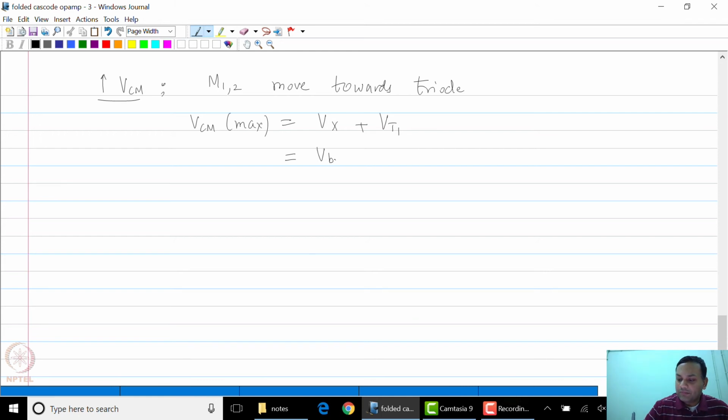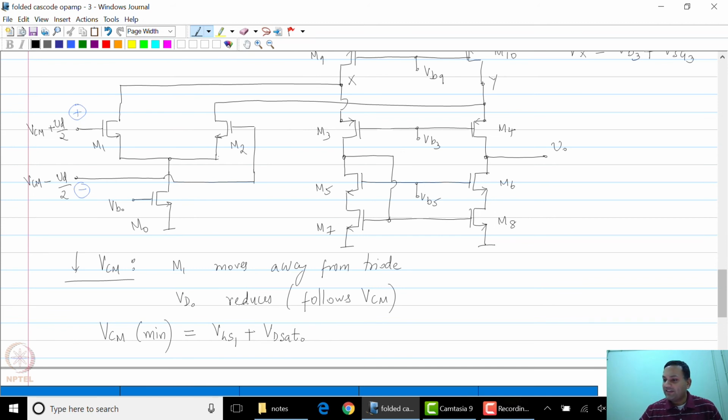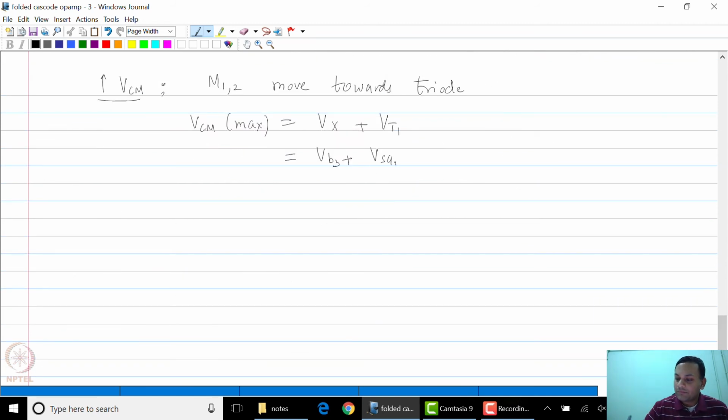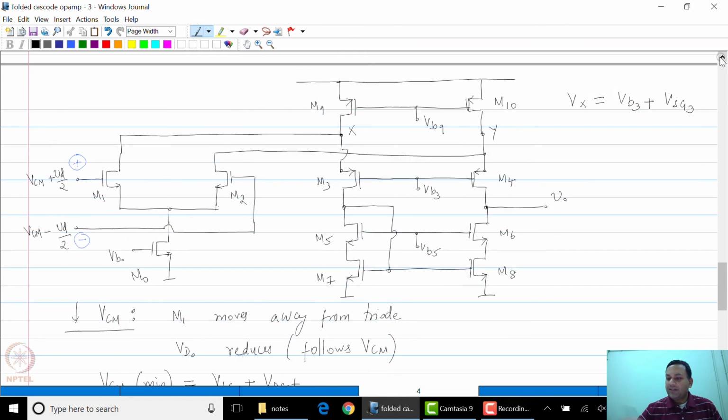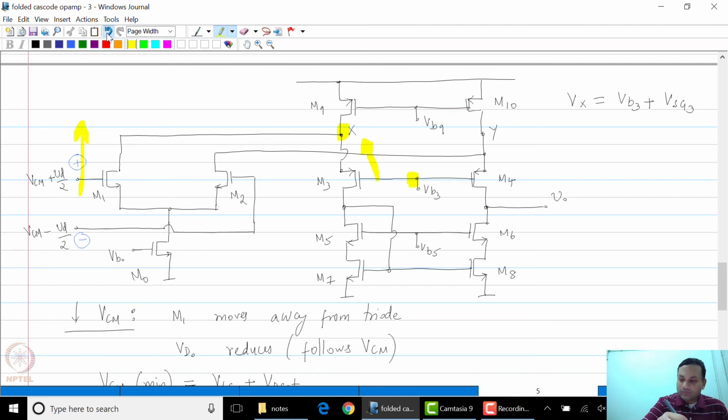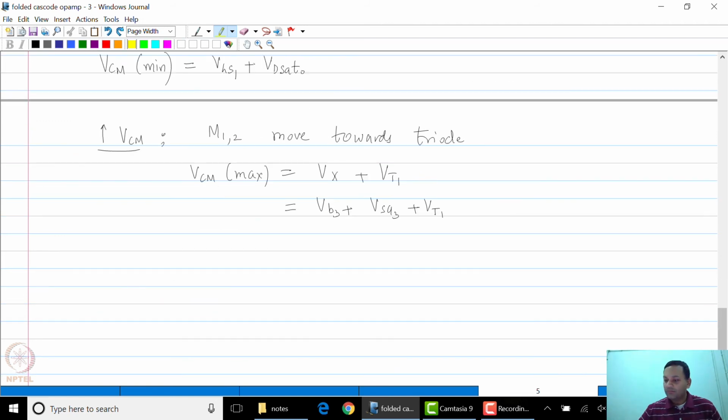Vx is clearly Vb3 plus Vsg3, plus Vt1. So, as a reminder, node X is at Vb3 plus Vsg3, and the gate voltage can rise one threshold voltage above that before M1 or M2 hits the edge of the triode region. So this is the maximum value of VCM.